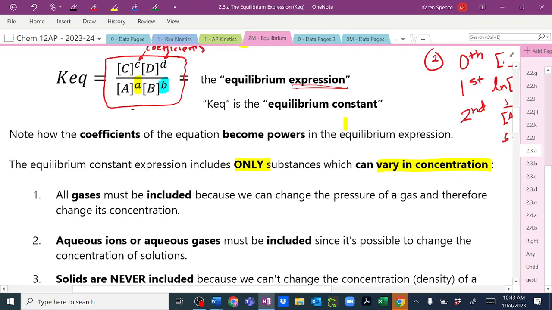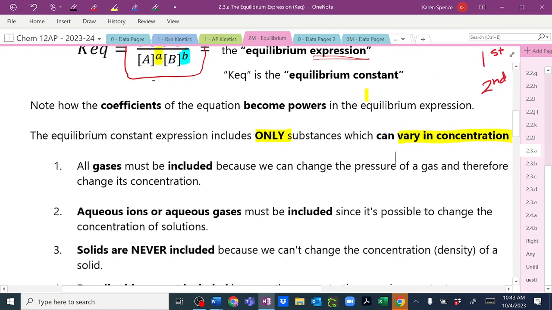What classifications of substances do we not include? Yes. Solids and liquids. Okay, so we do include gases. So we can say gas.